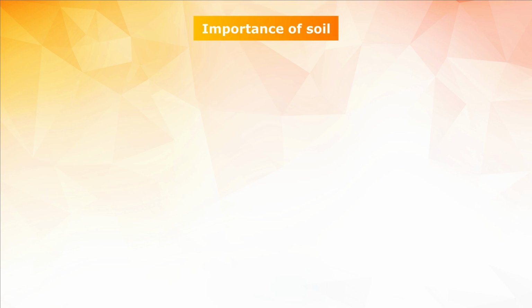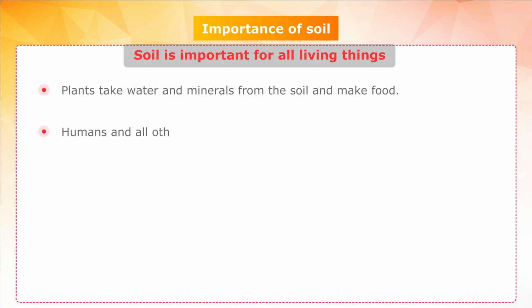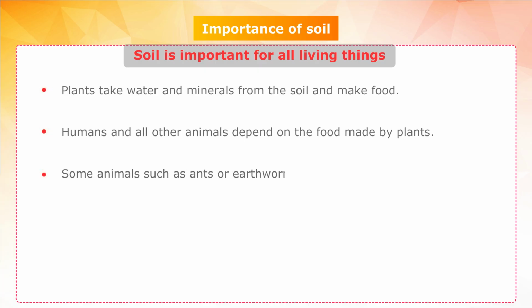Importance of soil. Soil is important for all living things. Plants take water and minerals from the soil and make food. Humans and all other animals depend on the food made by plants. Some animals such as ants or earthworms make their home in the soil.